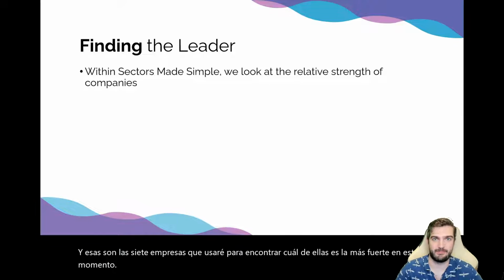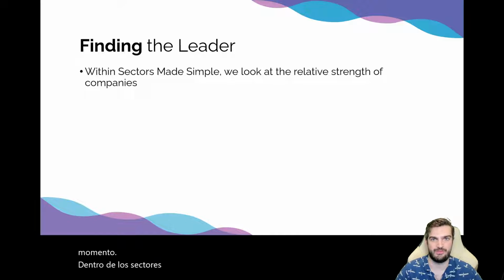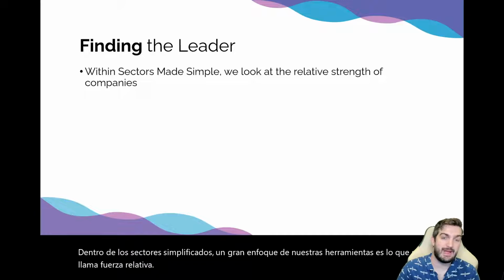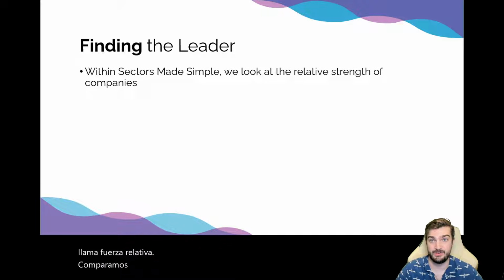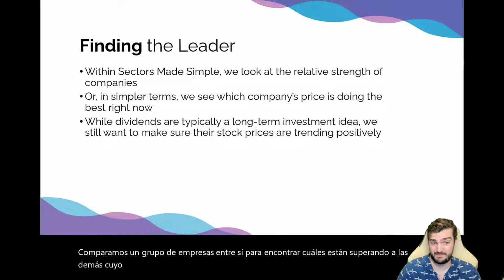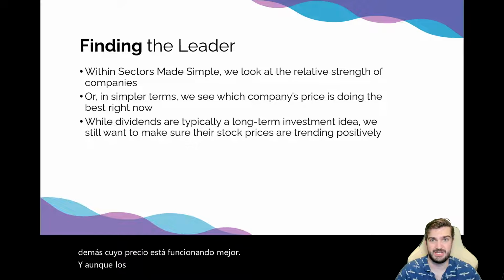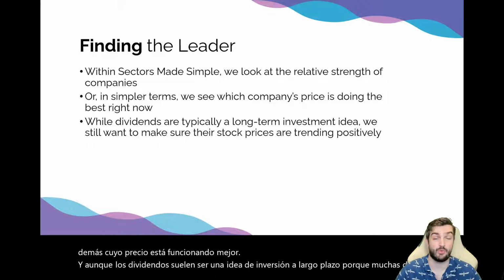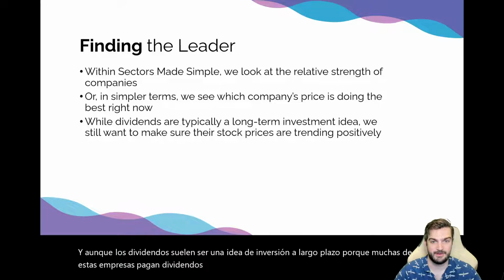Within Sectors Made Simple, a big focus of our tools is what's called relative strength. We compare a group of companies against each other to find which ones are outperforming the others. Whose price is doing the best? And while dividends are typically a long-term investment idea, because many of these companies pay dividends every single quarter, 3 months, we're still investing in the stock's price today.